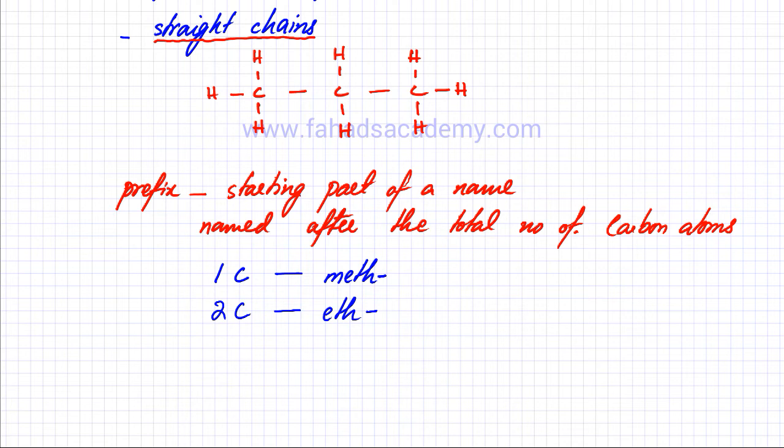If it has 3 carbon atoms, the name would start with prop. If you have 4 carbon atoms, your name would start off with but.